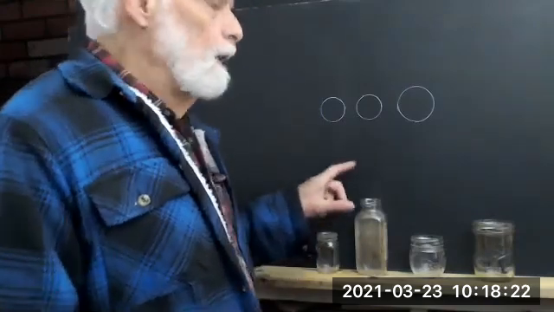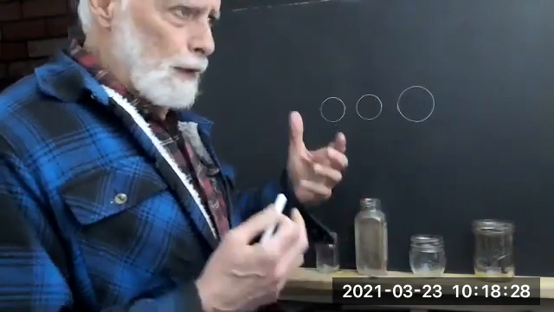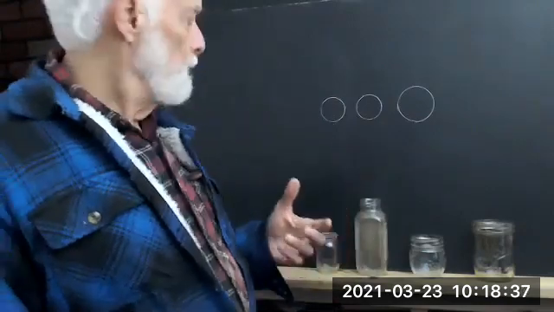And there are ratios and proportionalities involved with this process. And there is a modeling process that would allow us to estimate very accurately the relative diameters of these jars.